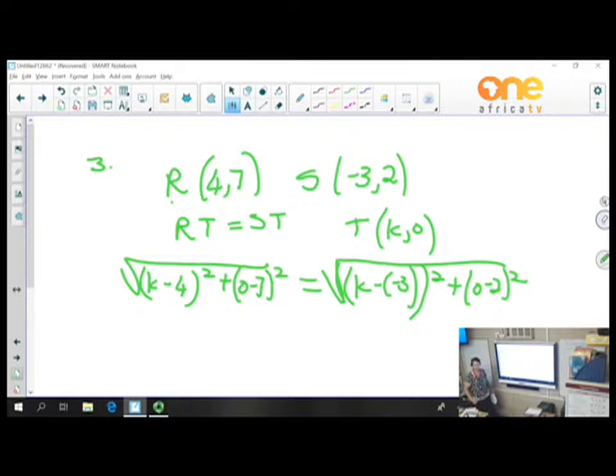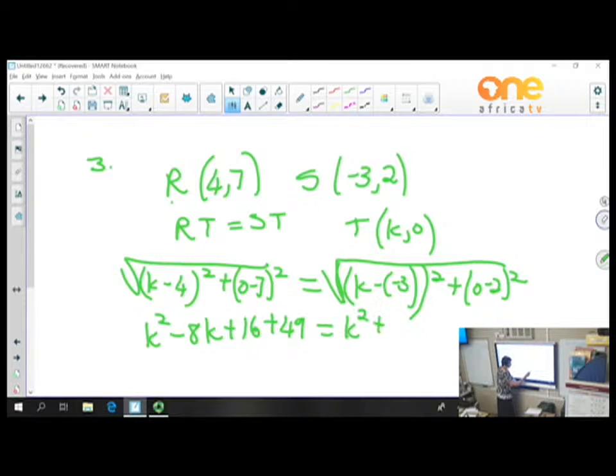That's what you need to calculate now there, because the two sides are equal. Okay? So this is again going to give us K squared minus 8K plus 16 plus 49. And this one is then K plus 3 squared, which makes it K squared plus 6K plus 9 plus 4.